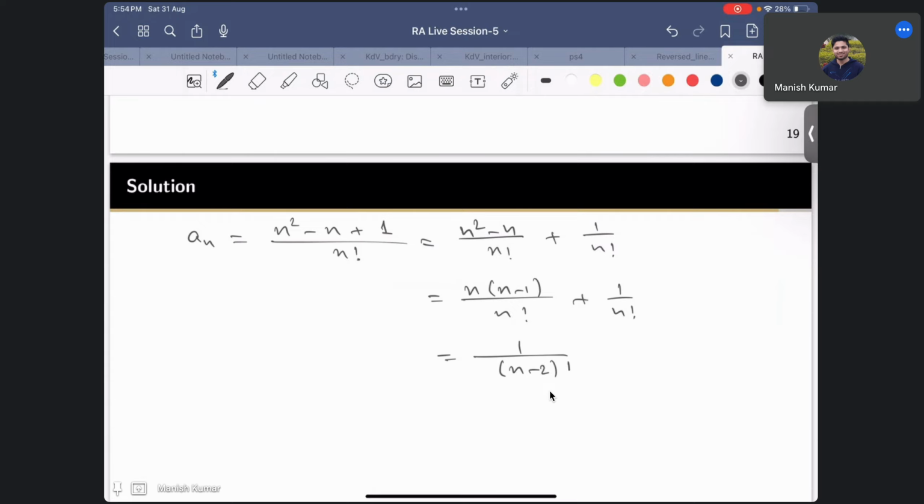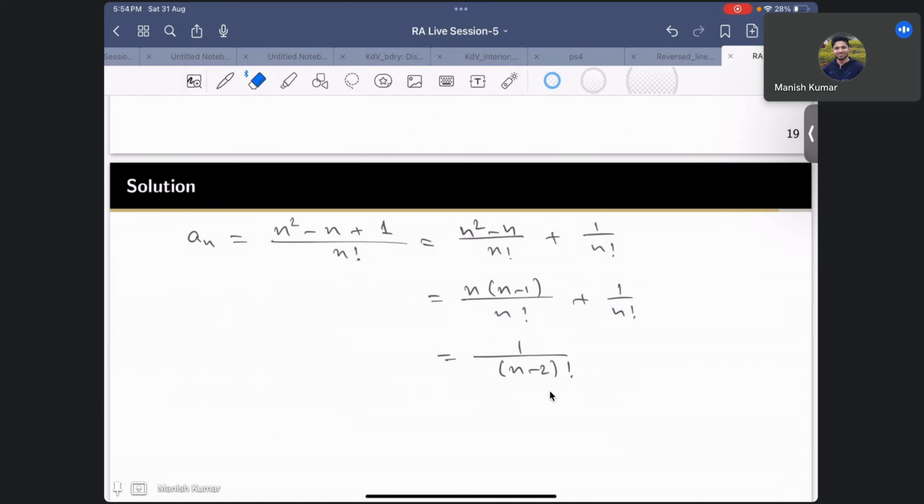This is true when n is greater than or equal to 2. For n equal to 0 and n equal to 1, this term is 0, so it doesn't matter.